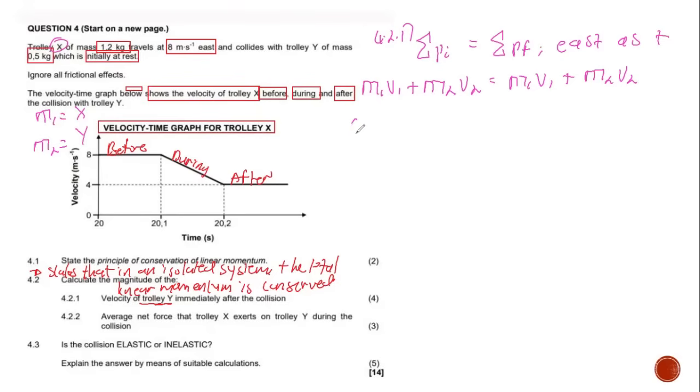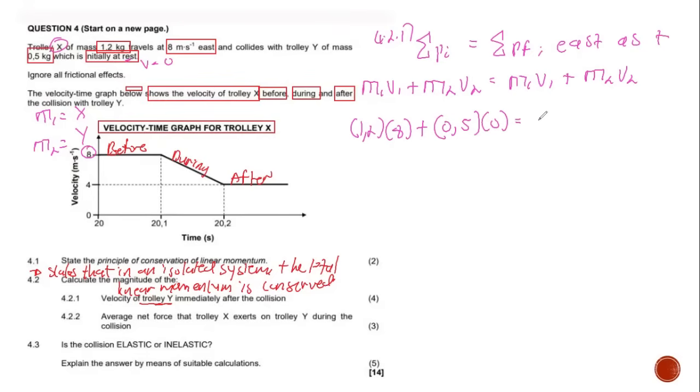So M1, the mass of trolley X, is 1.2, and the velocity is 8, which is before the collision. Remember, initially that's before the collision. And then mass 2, that's trolley Y, is 0.5. But we are told that it is initially at rest, so at rest means the velocity initially was 0.